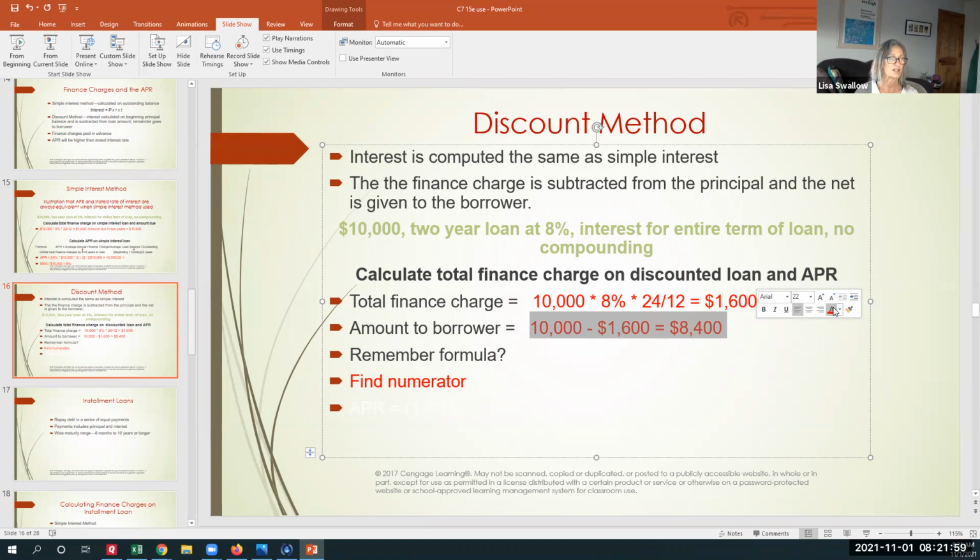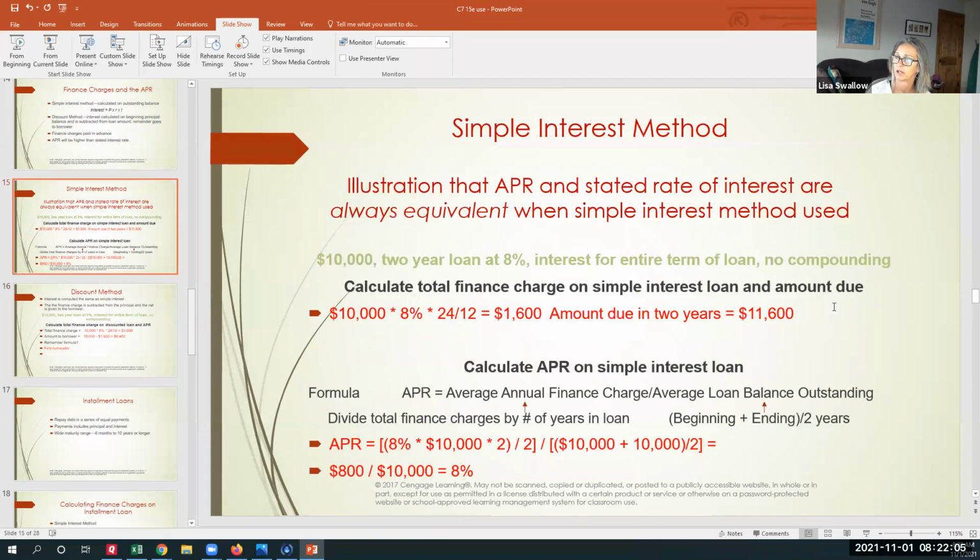So the key now is how much was the APR on this thing? It's the same formula we just used here. So principal times rate times time, and then you've got to convert it to an annual number. So divide by 2. And then divide it by the average loan balance outstanding. And the loan balance didn't change between the beginning and the end.